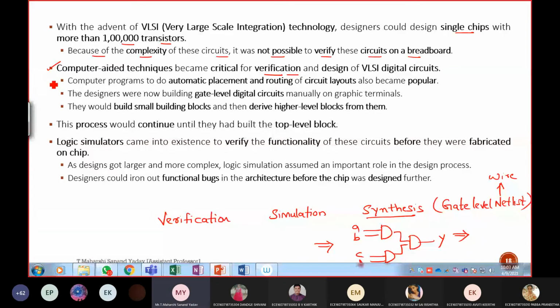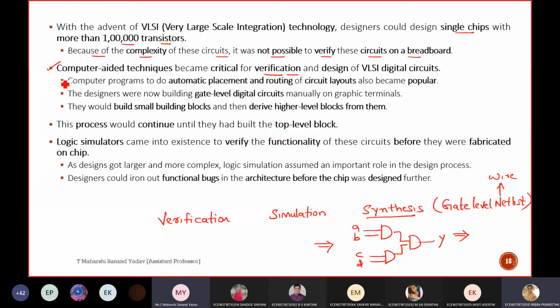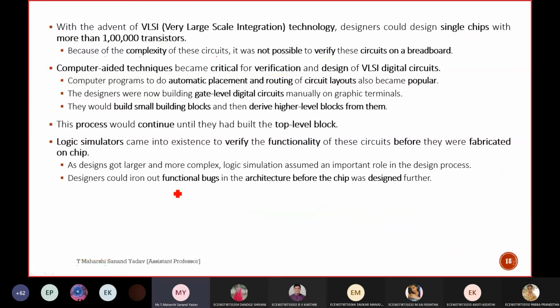Next, computer programs to do automatic placement and routing of circuit layouts also became popular. Can anyone tell me what automatic placing and routing is? Suppose you are constructing a building, you'll do some placing and routing. What is placement and what is routing?